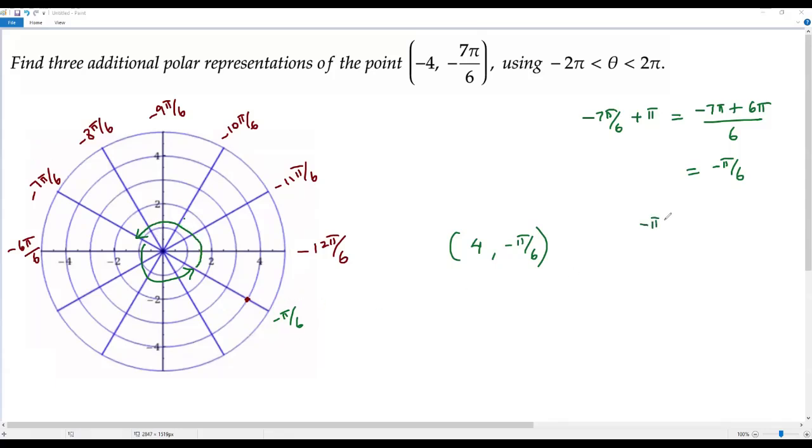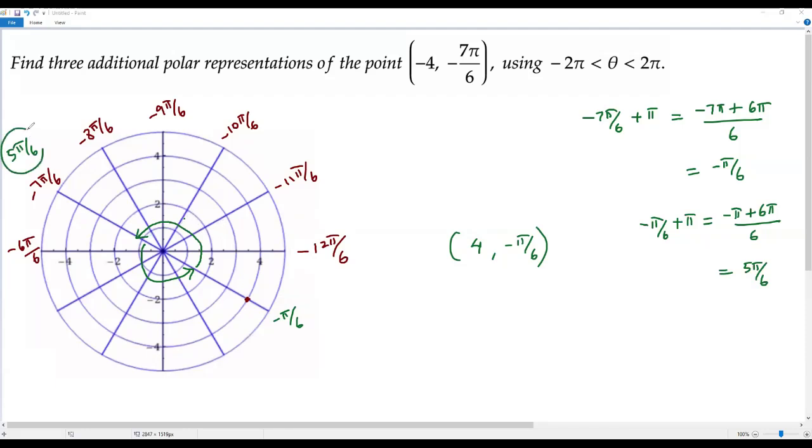Let me finish this: negative pi over 6 plus pi. Now I multiply this pi by 6 and I'm getting negative pi plus 6 pi. Once I'm done with this multiplication, I can take 6 as a common denominator. Then I'm getting 5 pi over 6. So I'm getting 5 pi over 6 when I start moving from negative pi over 6 by pi radians of distance.